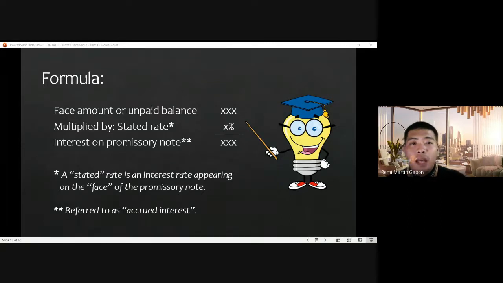There is another terminology used for interest when it comes to non-interest bearing, but for this purpose, let's focus on accrued interest. So the mindset is, if interest bearing, we have accrued interest. For non-interest bearing, we have suspense for now. That will come next.